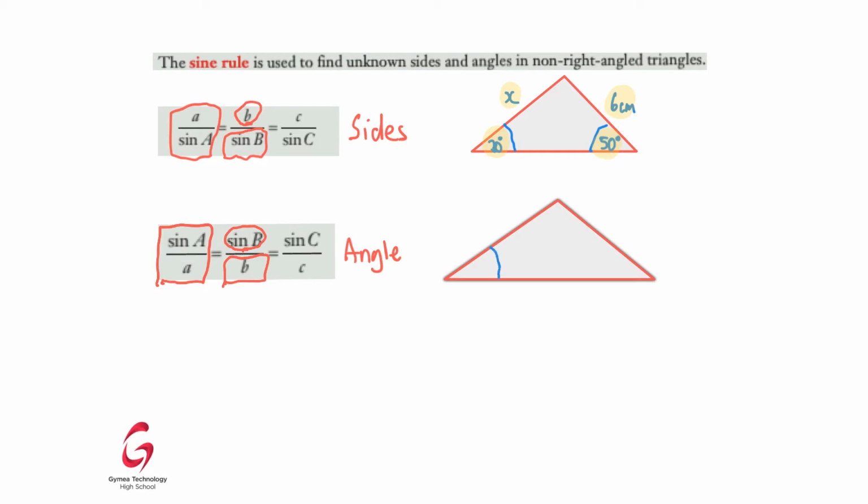So if I knew that this angle here was 30 degrees, and its matching side length was 6 centimetres, and I knew that this side here was 10 centimetres, that means I could use this sine rule to find this unknown angle. Again, we had one full set, a side and an angle that we must know. Then we knew another side, which means I could use this inverted sine rule with the sine of the angle on top to find its corresponding or matching angle.